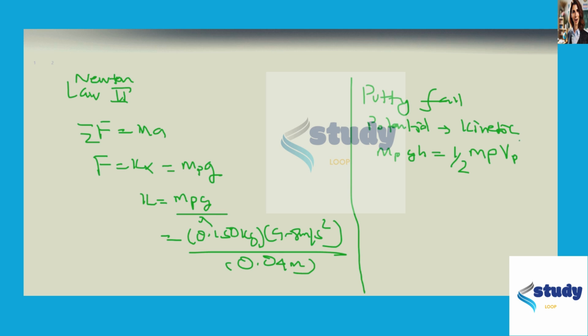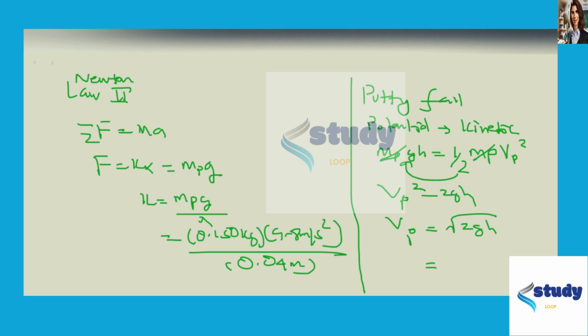The masses cancel out, these two come to this side, so we have Vp squared equals 2gh. And so the velocity of the putty as it falls becomes the square root of 2gh.